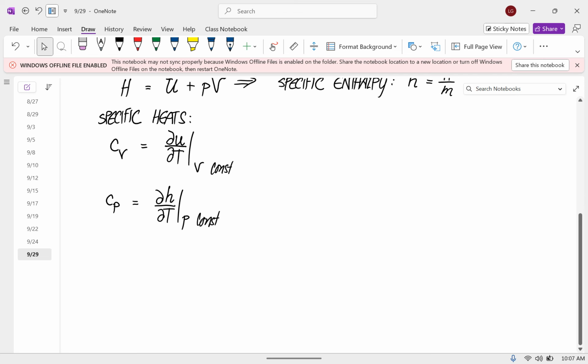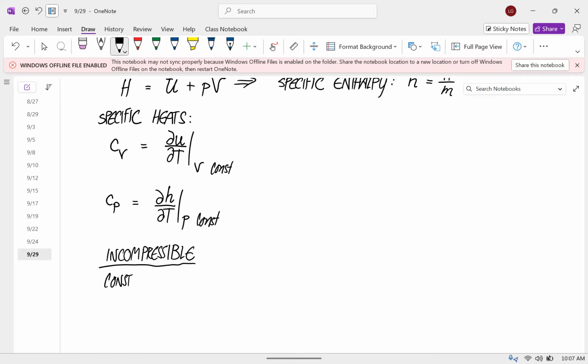And so now I'm going to talk about incompressible materials first. You can think of the definition of an incompressible material as constant density.